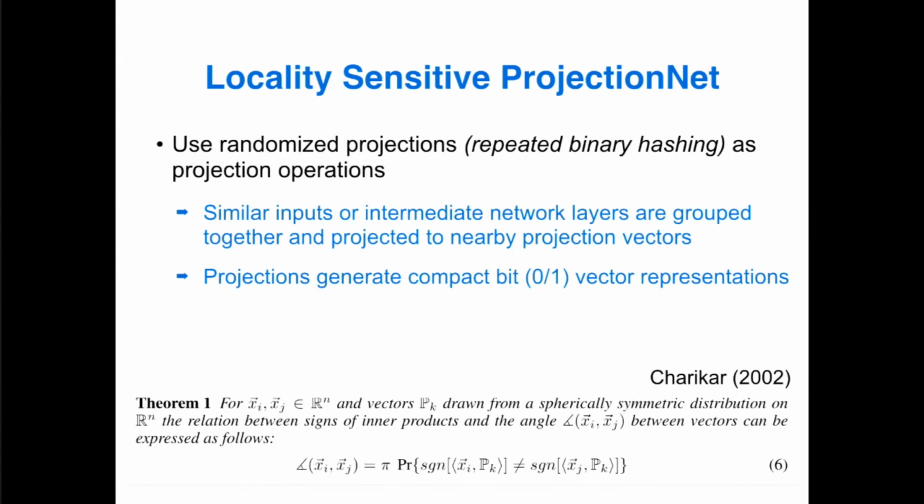I'm obviously glossing over a lot of detail, but there's a nice theorem from Charikar long back that shows that if you have two vectors, the angle between the two vectors is proportional to the signs that any random vector applied to these two vectors will match.